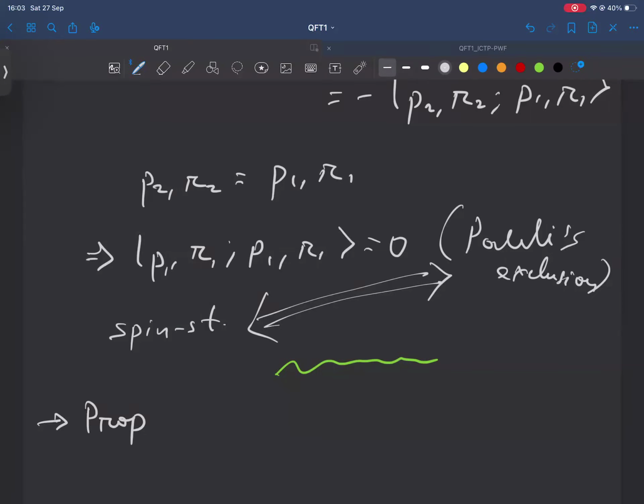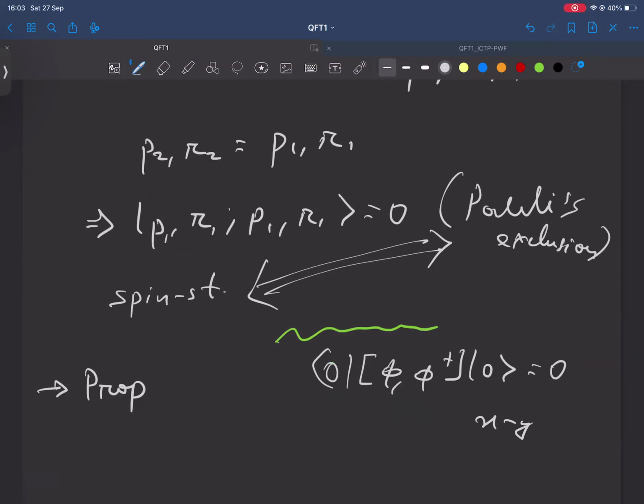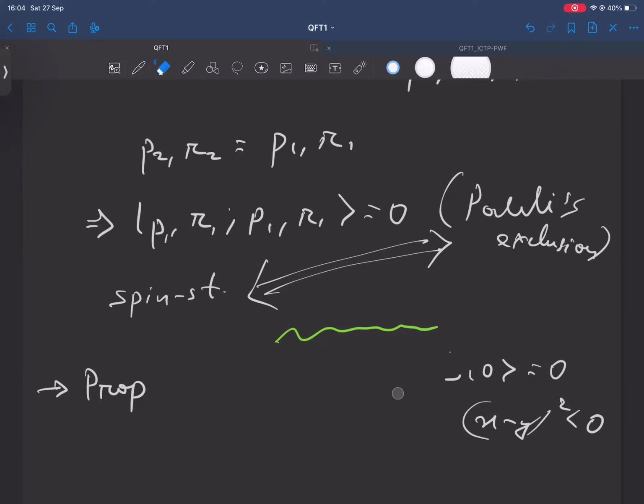You remember that we said that if this thing was 0 outside the light cone, that is for space-like points, then everything is causal. But now we are replacing commutators with anti-commutators at some specific point. So we need to check if this still holds. So for that, we need to discuss propagators.